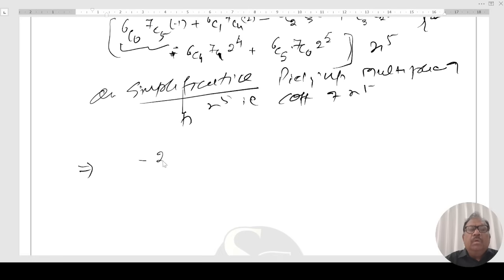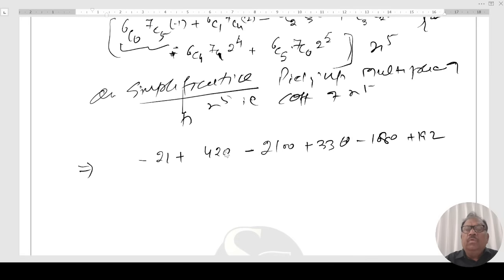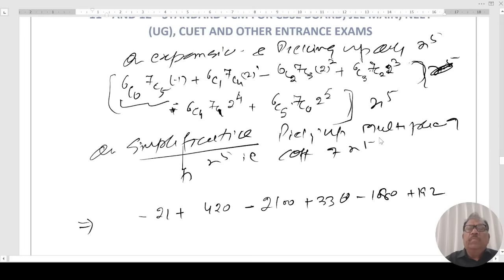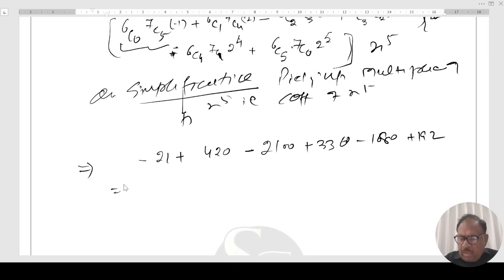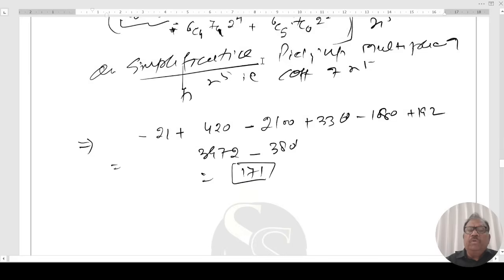Minus 21 plus 420 minus 210 plus 3360 minus 1680 plus 192. 1, 2, 3, 4, 5, 6, six terms are there. On simplification, we get 3972 minus 3801, that is 171. The coefficient of x^5 is 171.